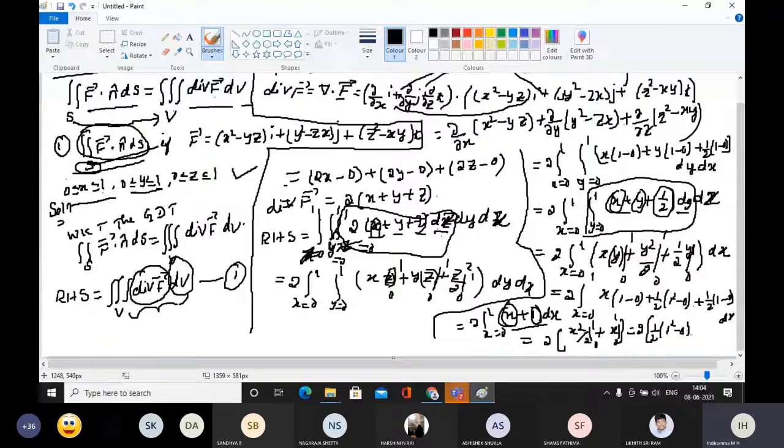So this is equal to 2 into 1 by 2 plus 1. What is 1 by 2 plus 1? 3 by 2. 2 and 2 cancel. The answer is 3. All of you got the answer as 3? Yes, ma'am.